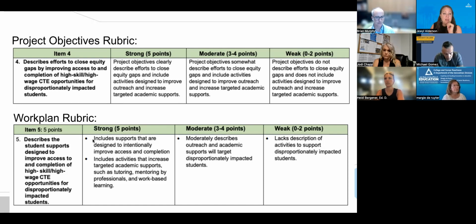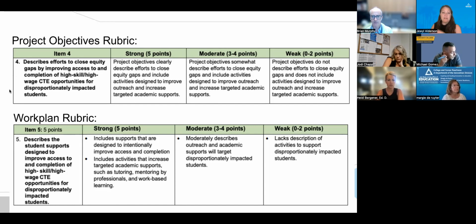So you want to make sure that you have these targeted academic supports in place in order to support your students. As we get down here, this is going to be your work plan. The work plan rubric is going to ask you to include those supports and intentionally improve access and completion, right? So what does that counseling look like? How are you ensuring that they're getting in and that they're staying in the program? And what are the tutoring, mentoring, and work-based learning, where do those live, and how are those being accessed by your special populations?